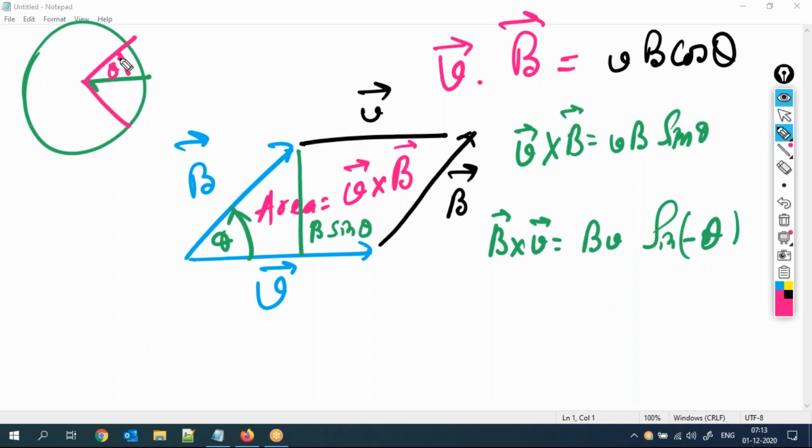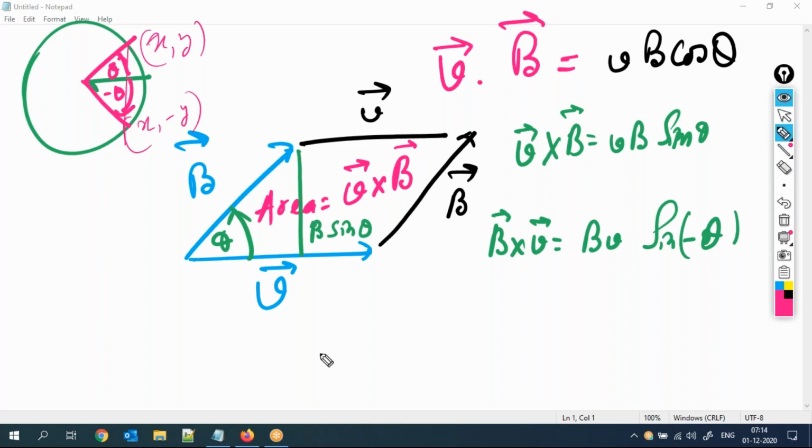This is theta up and this is minus theta down, right? Both are x, y, and this is x, minus y. Are we clear?